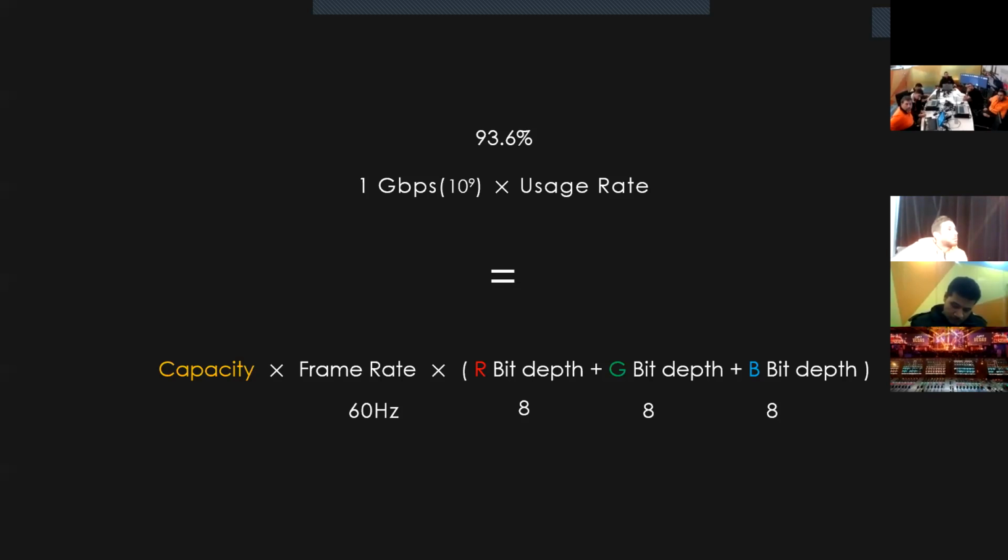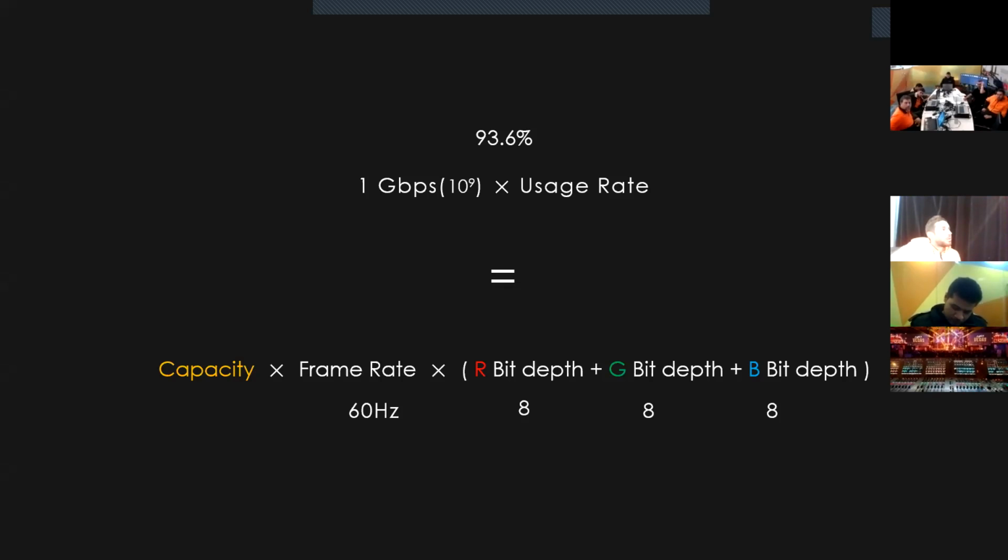So we just need to do the math for the things here: the capacity by the frame rate by the R bit depth, G bit depth, B bit depth, that means RGB, the color depth. We always use 8-bit or 10-bit, right?